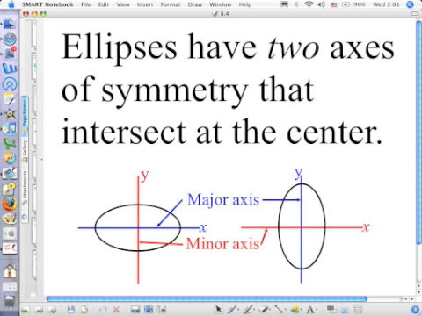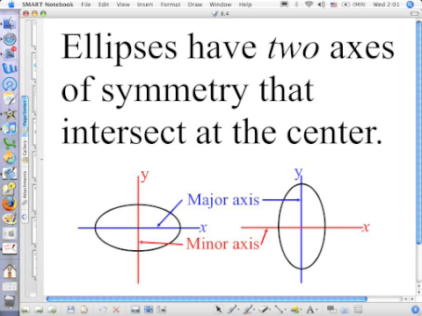How about 2 axes and 2 lessons? Axes, that's the plural for axis. It's not axes like hatchet axes. Anyway, how do you spell that?